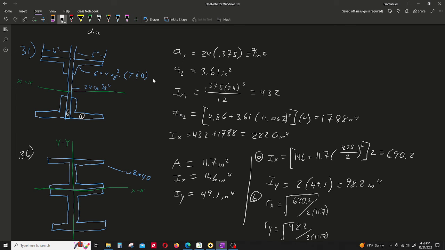And again, this is square rooted. Just kind of ran out of space there, sorry. 5.43 inches and 2.05 inches.